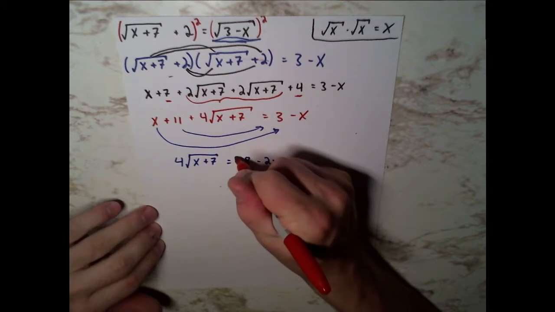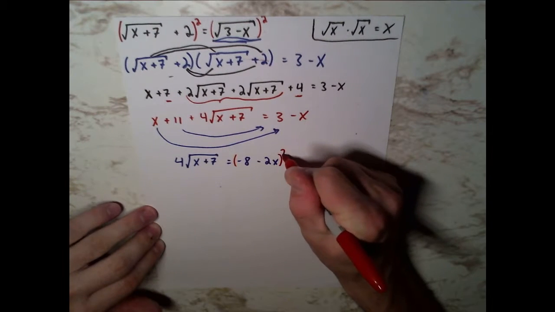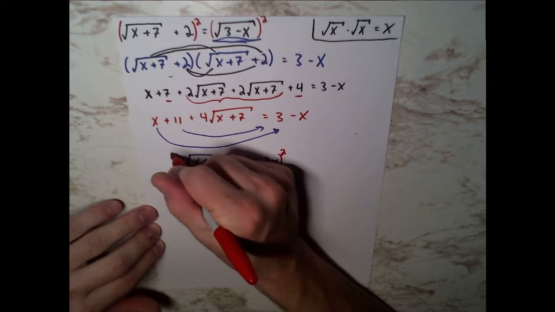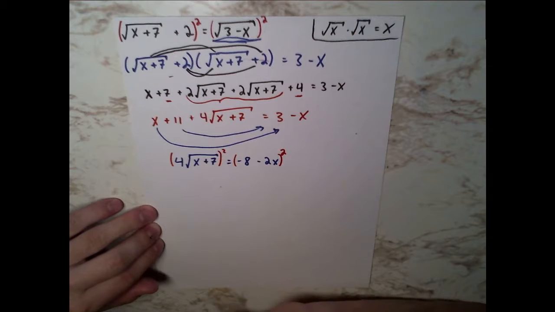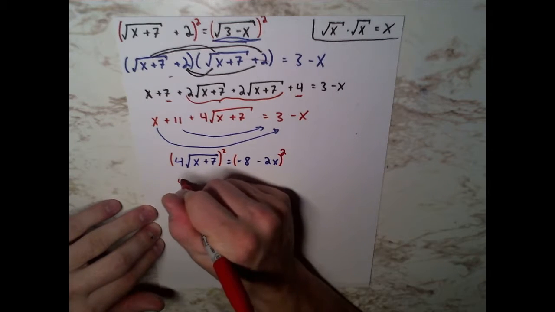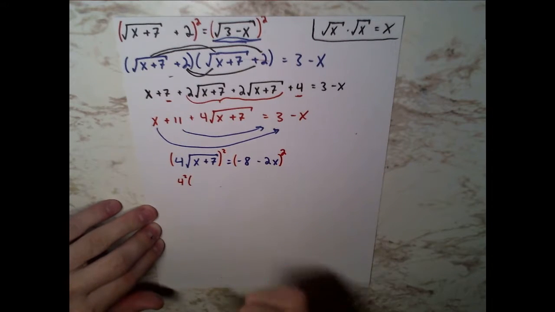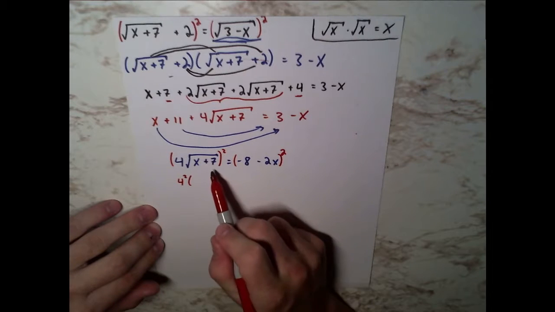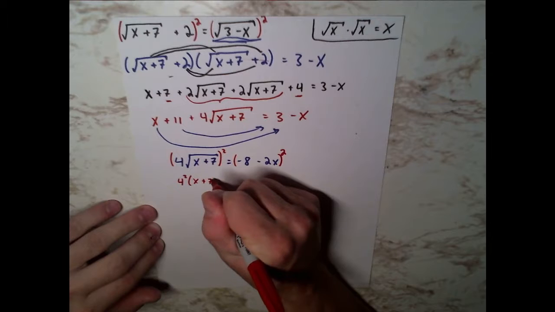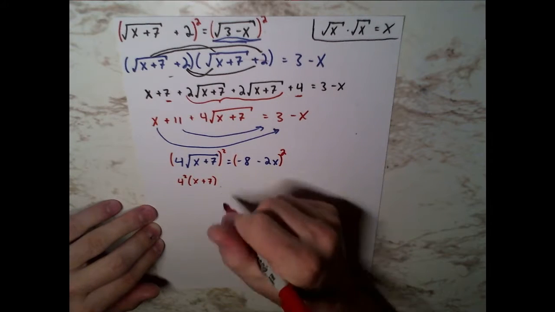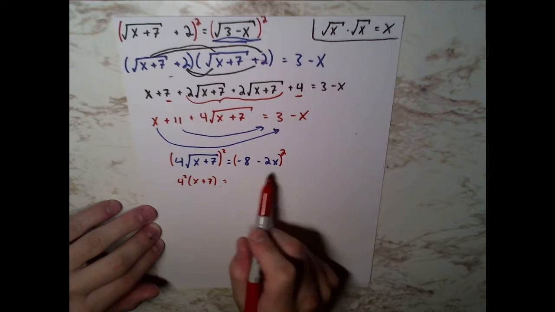Now it's time to square both sides again. So we're going to square this side, and we're going to square this side. So now we have 4 squared times square root of x plus 7 squared, which is just x plus 7. And on this side, this is going to have to be FOILed.